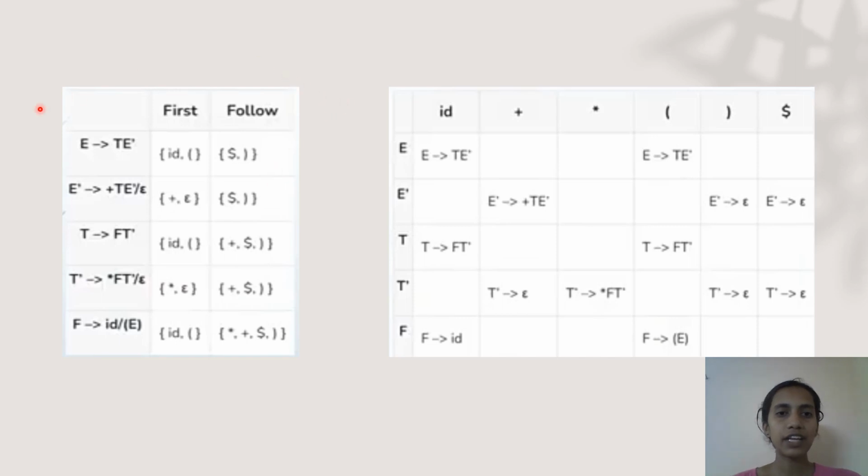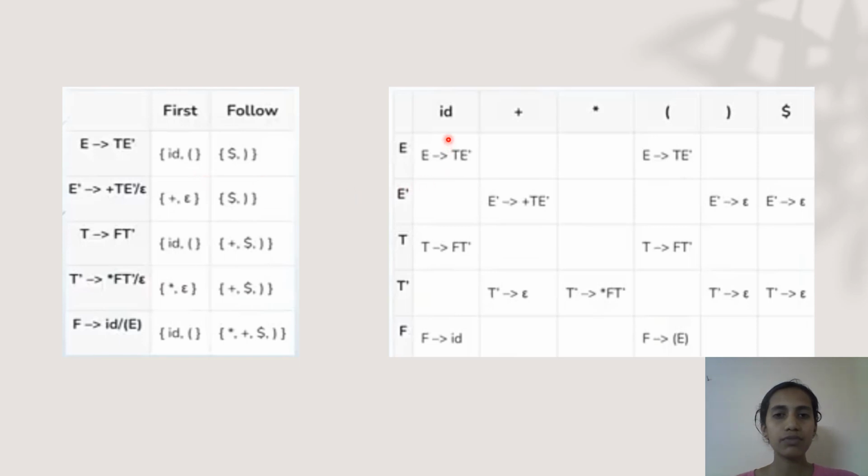Then with the help of this table, we are going to write the LL1 parsing table, that is ID, plus, star, open brace, close brace and dollar in the columns, and E, E dash, T, T dash and F in the rows. For E tends to TE dash, we are considering ID and open brace.